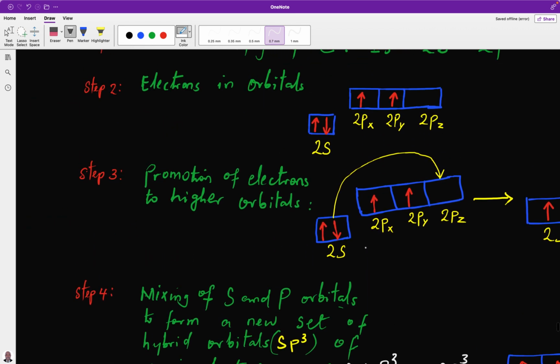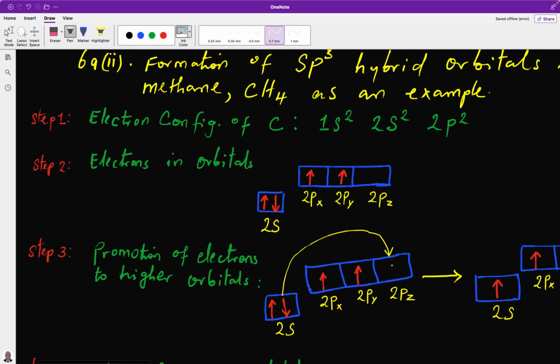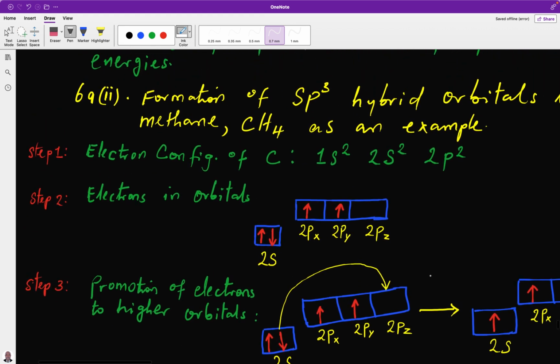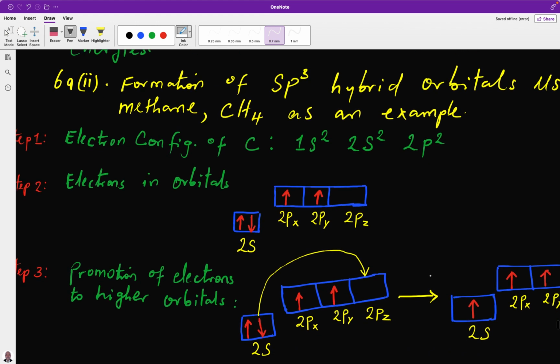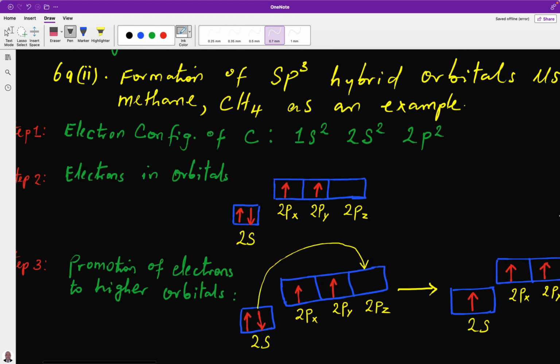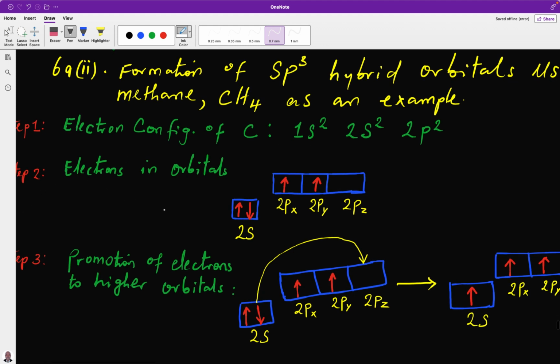Follow the first steps. Use methane as an example for the formation of sp3 hybrid orbital. Write the electronic configuration of carbon. Write electrons in boxes. But please, we are dealing with the 2s and the 2p orbitals. We don't go to 1s2.